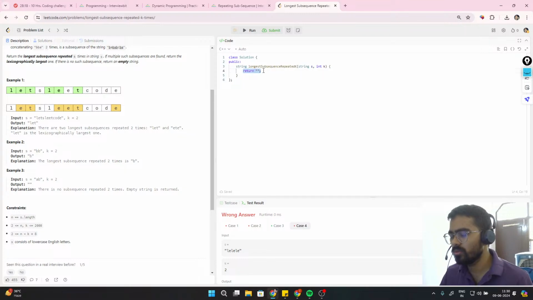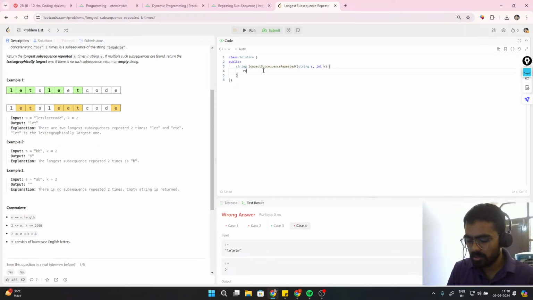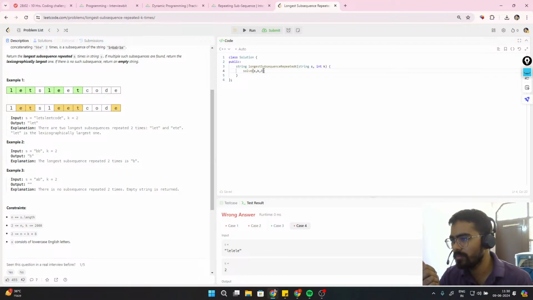Maybe we can try to code it if it is possible. I'll think of something. I'll pass k. Now I'll pass a flag which will be 0. I'll pass an index also and one more index.